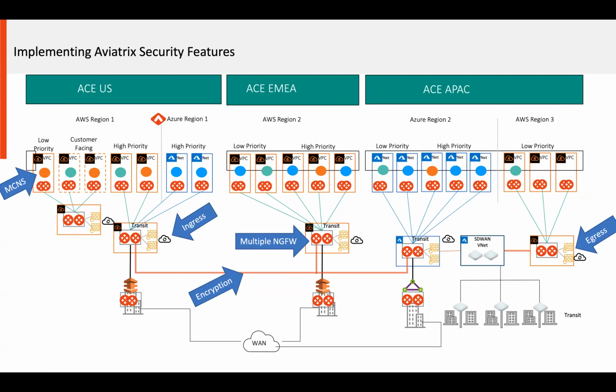So is your design collapsed where everything is happening in the same transit, or spread out across multiple transits? Are you doing ingress at the Firenet VPC VNet, or do you have a dedicated ingress VPC VNet? Why one versus the other? I'm just trying to give you some ideas on the top things you should think through, and those are the things we will be asking you to clarify during the design presentation defense and on the impromptu design as well.